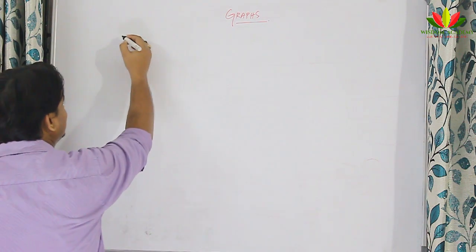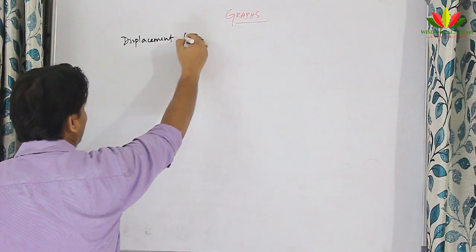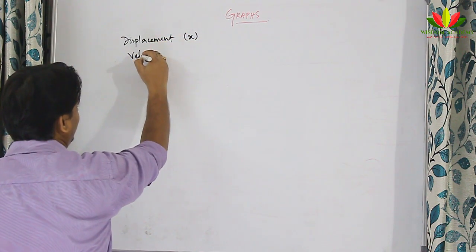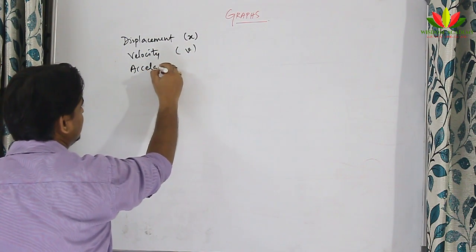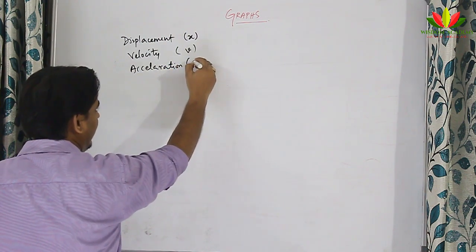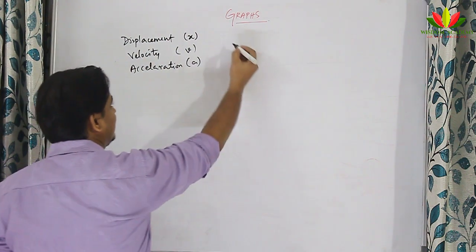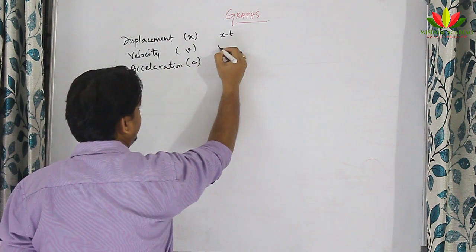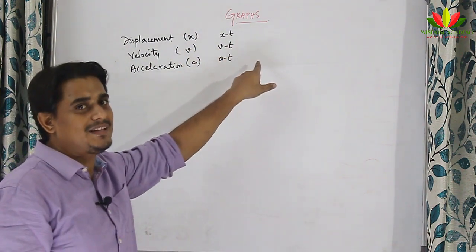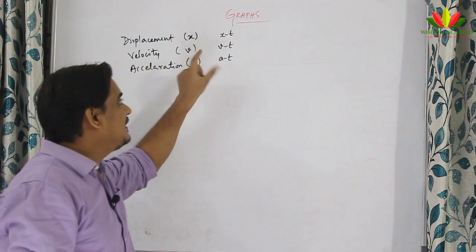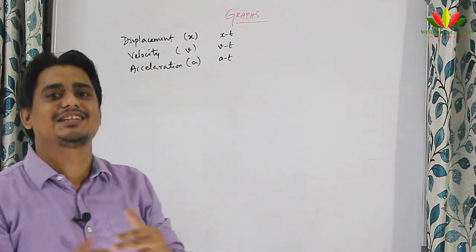If I write displacement as x, velocity as v, and acceleration as a, then there are three possibilities of graph: xt graph, vt graph and at graph. When I say xt graph, it means displacement time graph. When I say vt graph, it means velocity time graph. When I say at graph, it means acceleration time graph.